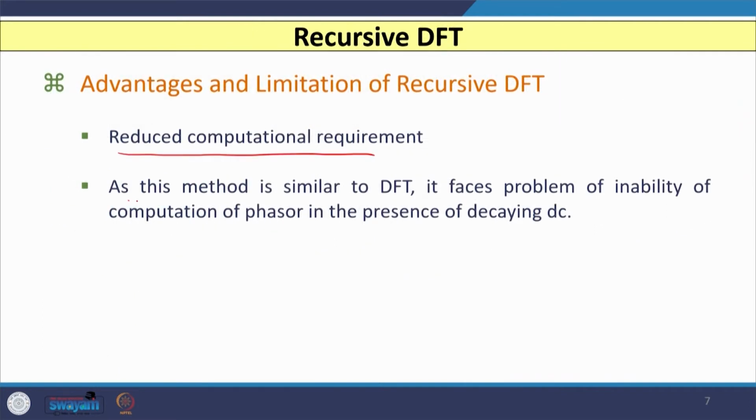Moreover, as this method is similar to DFT, it also faces the problem of inability to compute phasor when decaying DC component is present in the signal. So, when fault occurs, fault signals normally contain decaying DC component. When such component is there and when you acquire the samples for estimation of phasor value, then recursive DFT is also not able to accurately estimate the phasor value.